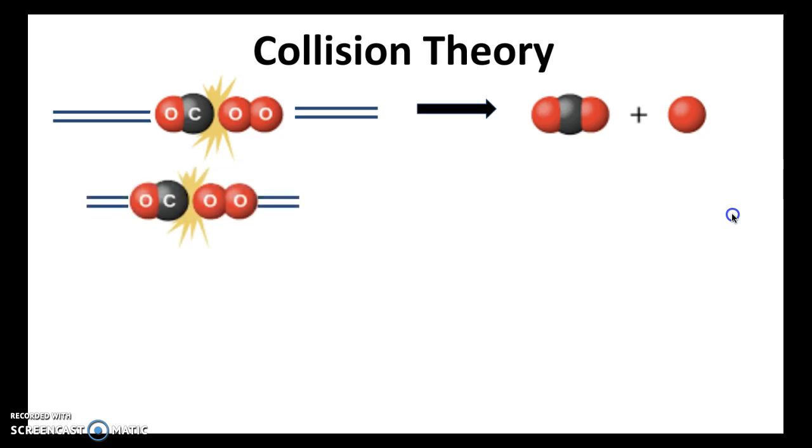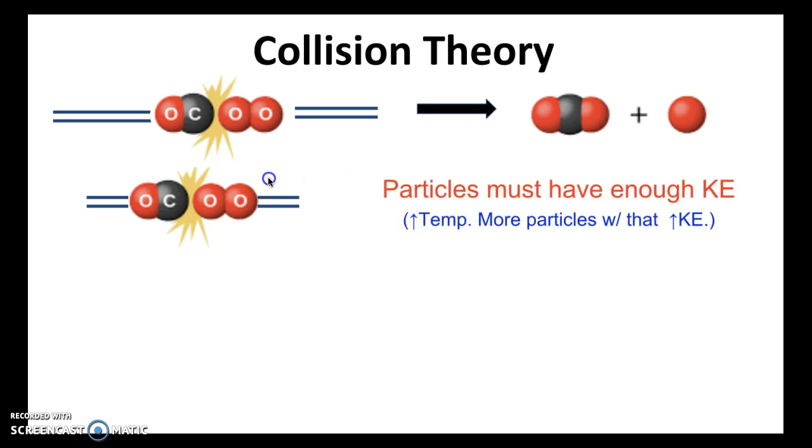Now let's break that down a little further. First, sufficient kinetic energy. Here, this has sufficient kinetic energy, and these whooshy lines show the speed at which the particles are traveling. They're traveling faster here, and here not so fast. So this one's not fast enough to result in product. They have to have enough kinetic energy.